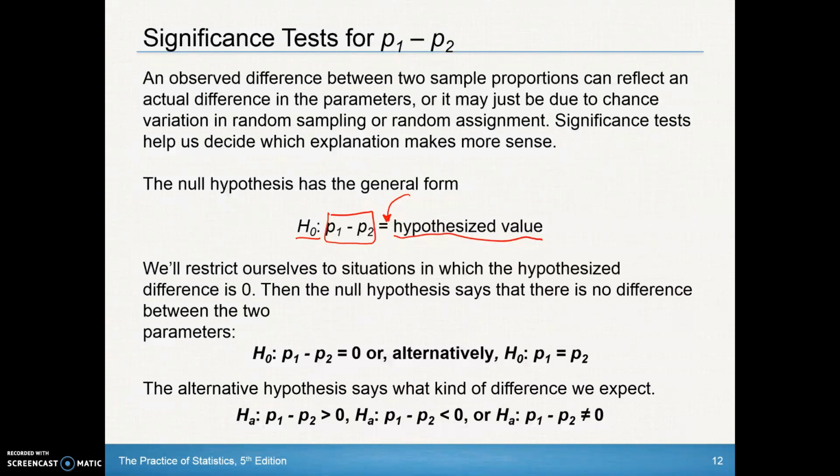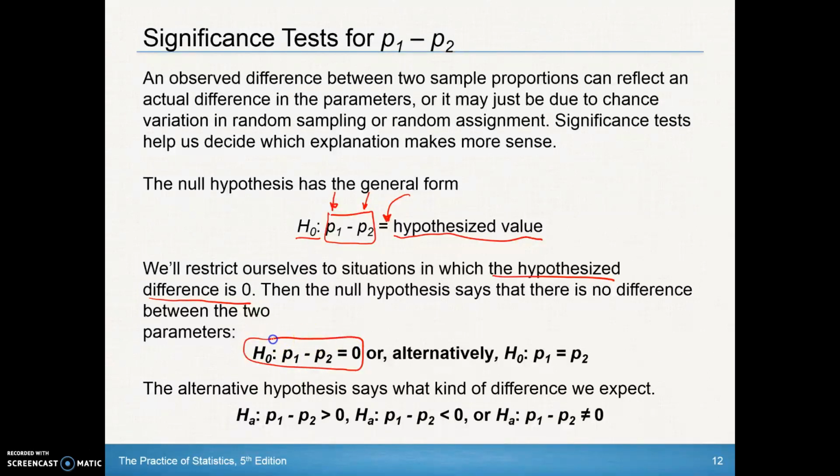If we're going to compare those two population proportions, and there is no difference between population 1 and population 2, in other words, if they are the same, then when I subtract, the hypothesized difference is 0. So our null hypothesis says that there is no difference between the two parameters.